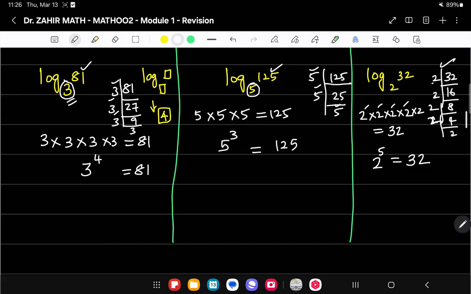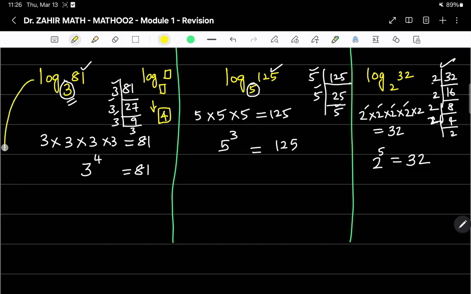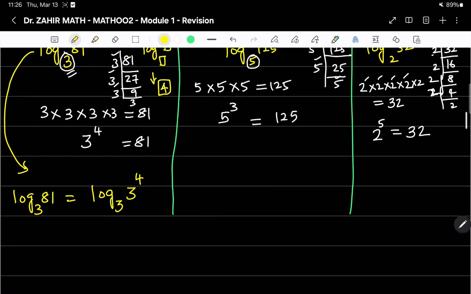Okay, right. So it means the question, take the model: log 81 base 3 is equal to log 3 power 4 to the base 3. Always you should read like this. Log 3 power 4 to the base 3. After that, I am taking this 4 here using power rule. So 4 log 3 base 3.